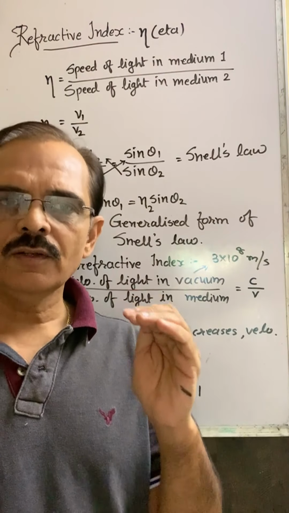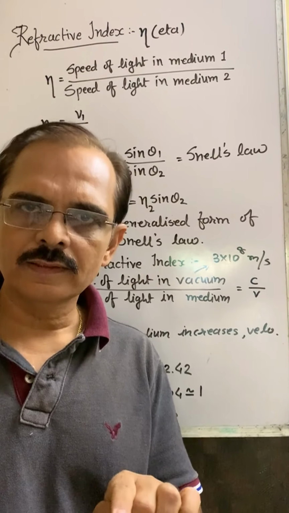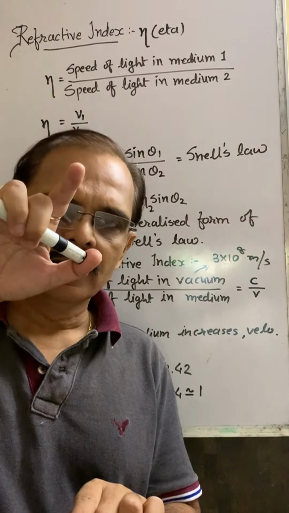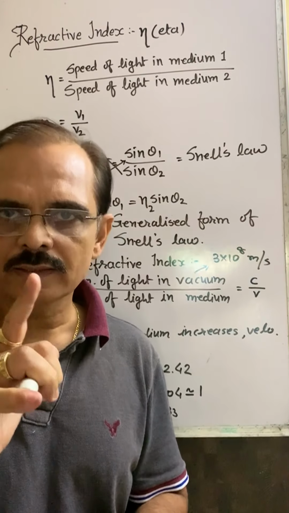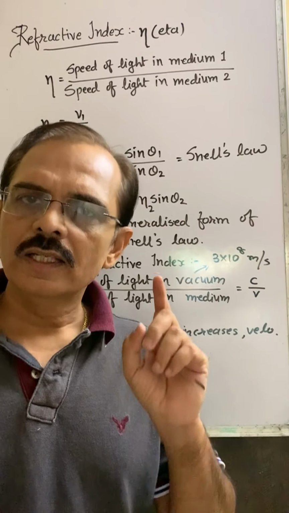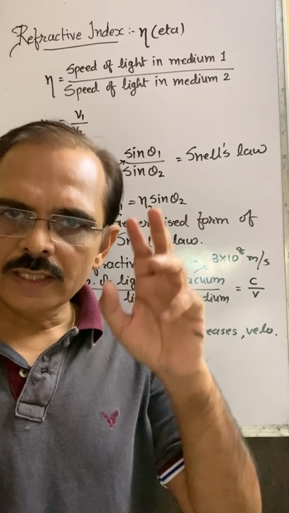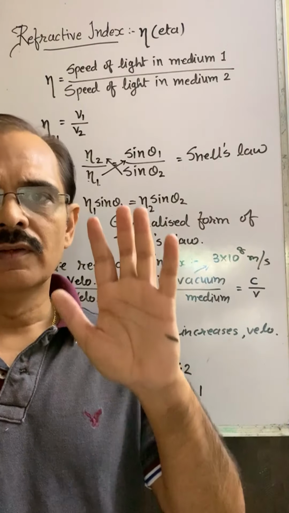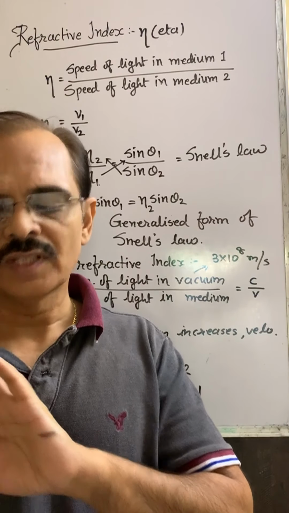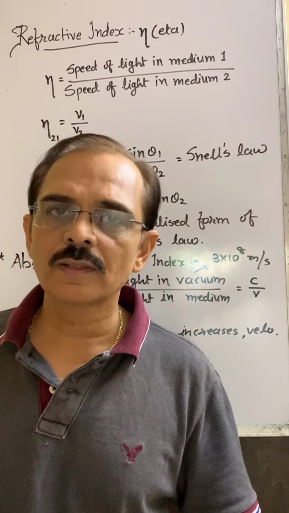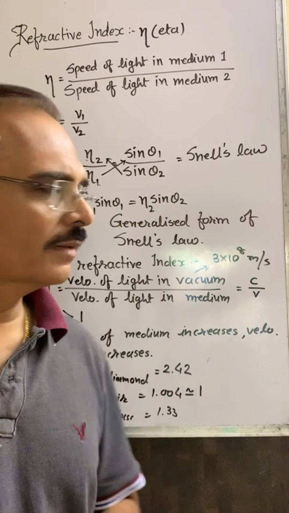That means if the wavelength of the color decreases, the refractive index increases, and vice versa. Is it okay? So this is about refractive index.